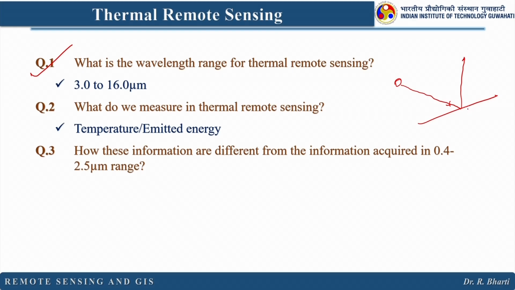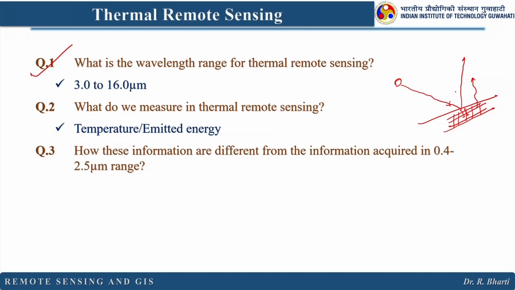But when the material absorbs some amount of energy, the absorbed energy will be stored in the object. So basically this is a volumetric property. Depending upon the object composition, the amount of energy will be stored and later on it will be released. The released energy is known as emitted energy.